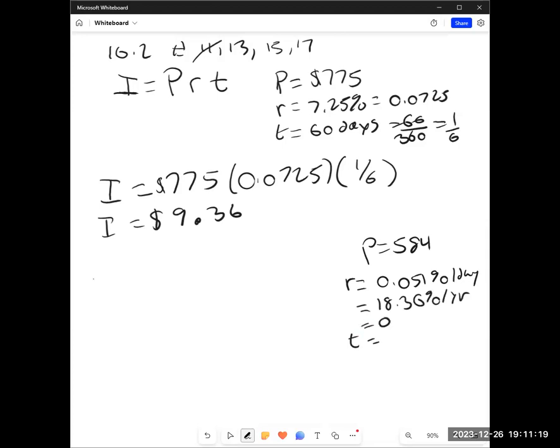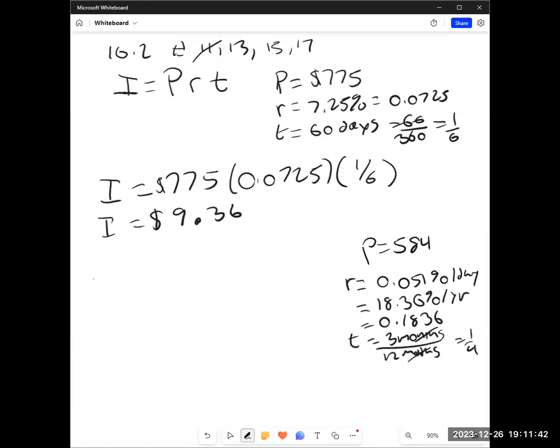So that's 0.1836. I can deal with that. And then 3 months out of 12 months is going to be 1/4.